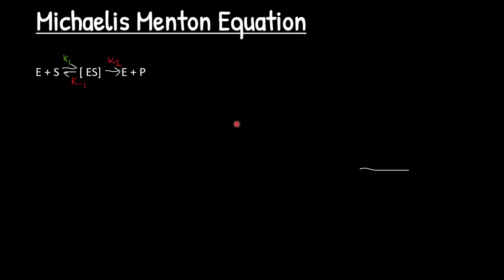So next is a very important equation, that is the Michaelis Menten equation. In the previous video we have seen that the Michaelis Menten theory states that when the enzyme combines with the substrate, it initially forms an enzyme substrate complex which splits to form the products and regenerates a free enzyme.